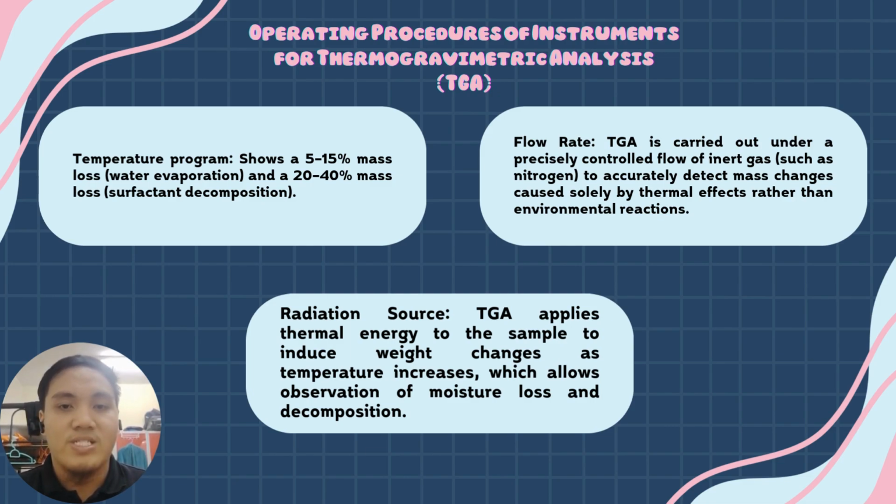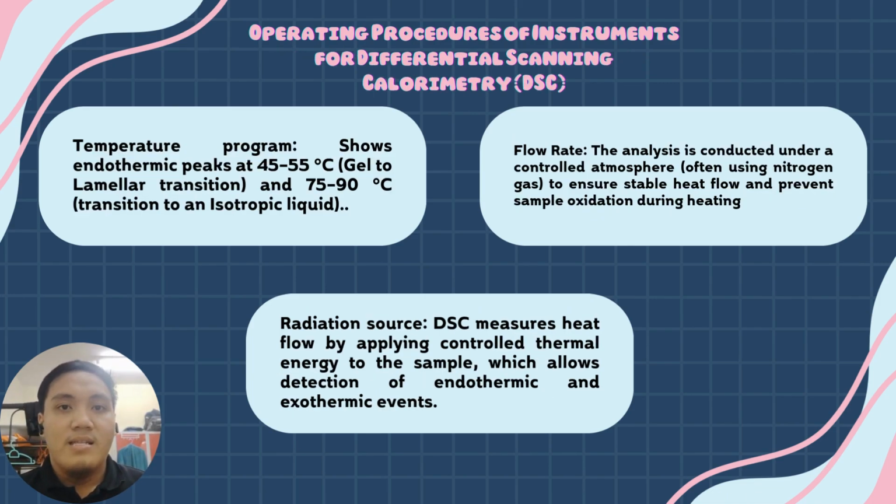Let's look at the operating procedure for differential scanning calorimetry, or DSC. First, the temperature program. The system is set to show endothermic peaks. Specifically, we look for transition between 45 to 55 degrees Celsius, indicating a gel to lamellar transition, and 75 to 90 degrees Celsius for the transition to an isotropic liquid.